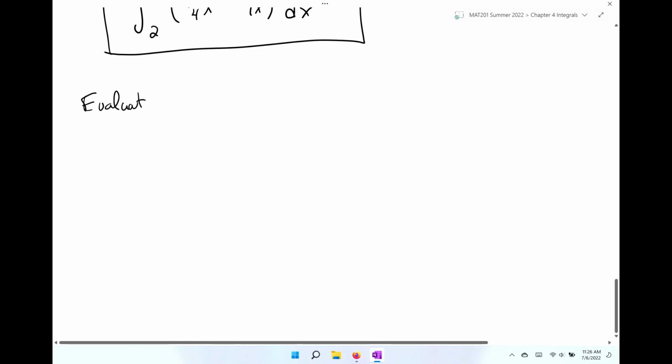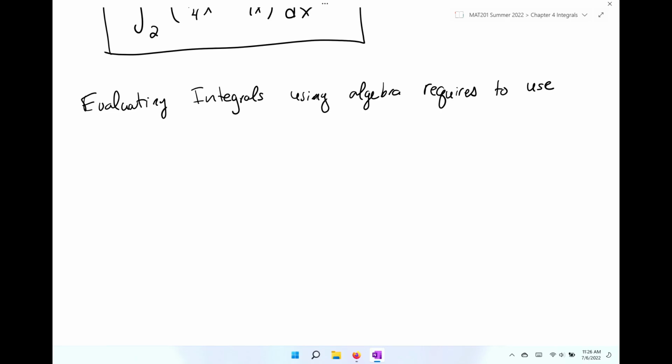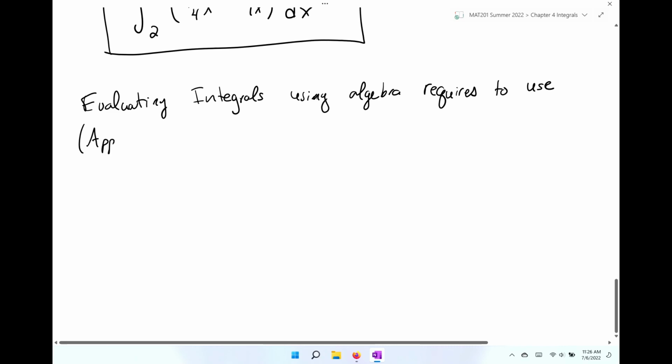Evaluating integrals using algebra requires us to use something called, and if you've never heard of these before, there you go. If you go into Appendix E in your book, you're going to find all these. They're called Riemann sums.